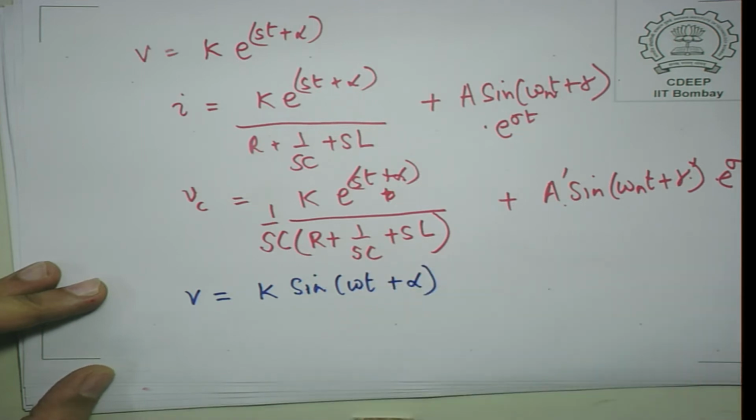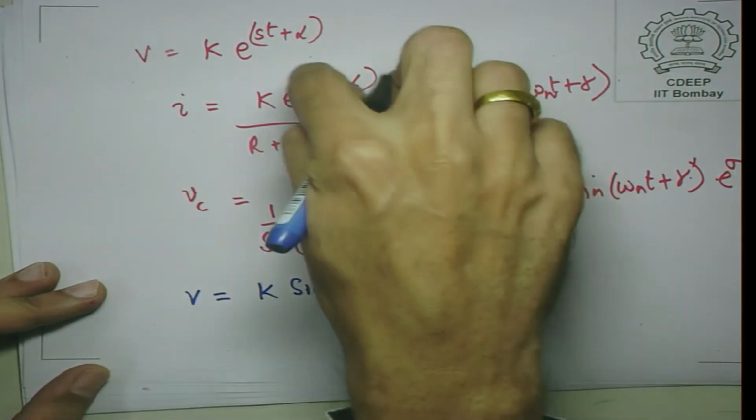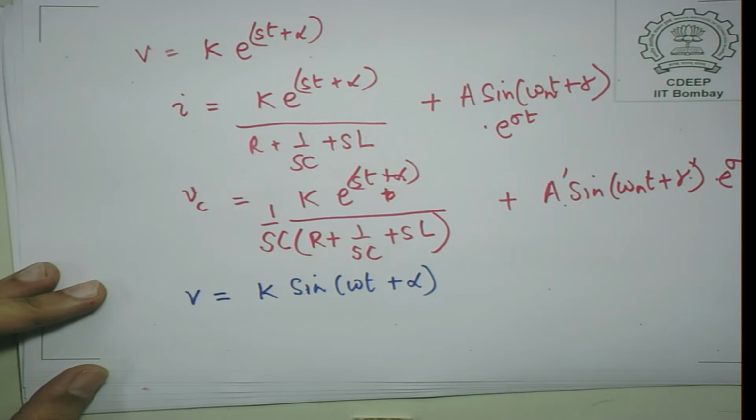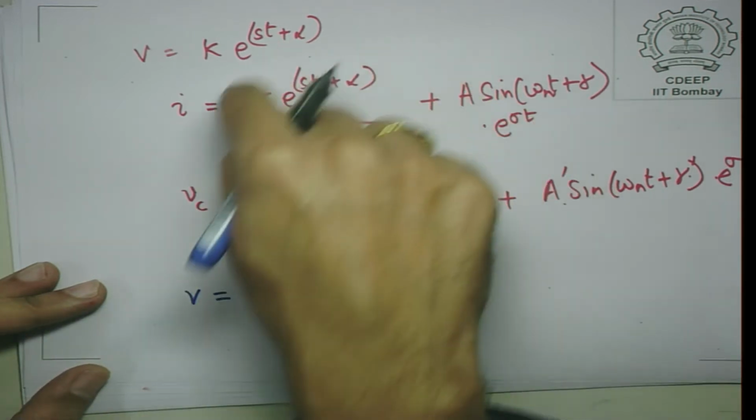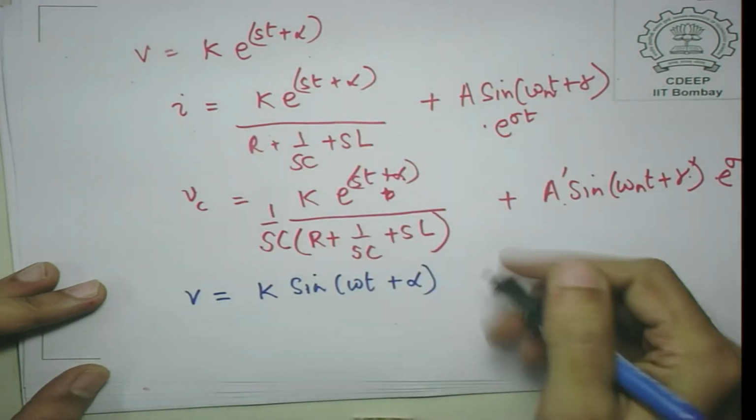Suppose your input is this. So, how do you actually solve this problem? It is not difficult to do. All you do is actually plug in s is equal to j omega here. So, this component, at least the steady state component, can be quite easily found out.